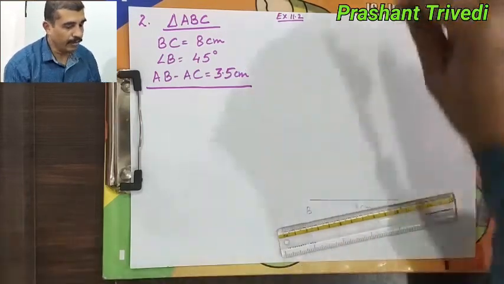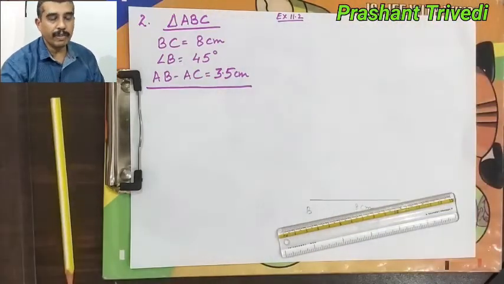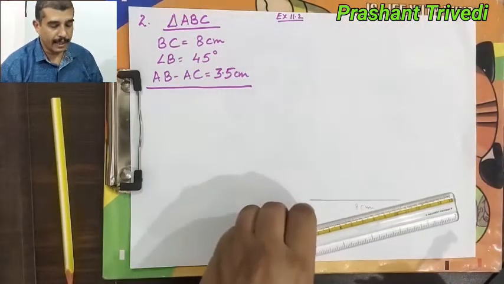Angle B 45 degree. How to make 45 degree? Bisecting a 90 degree angle.